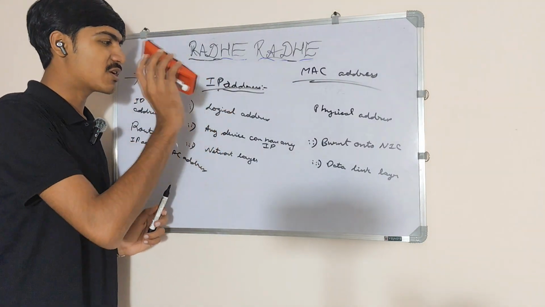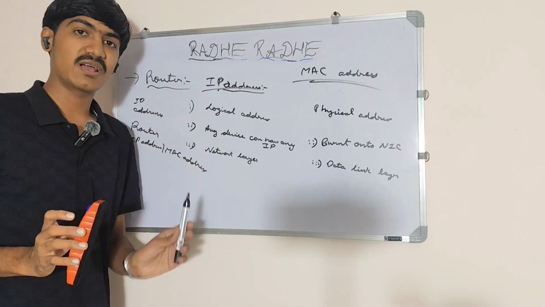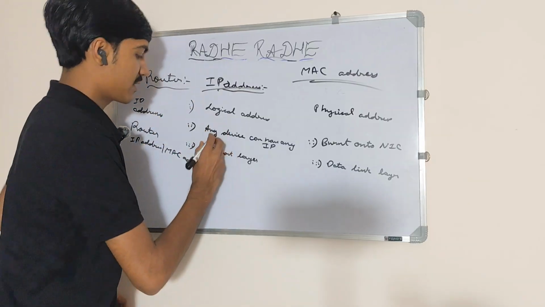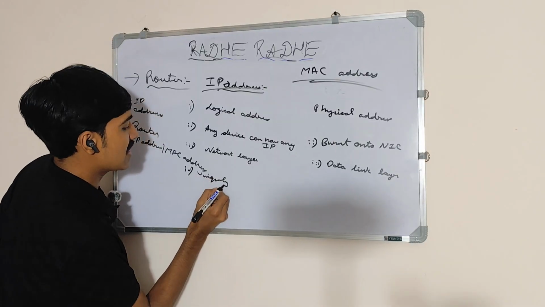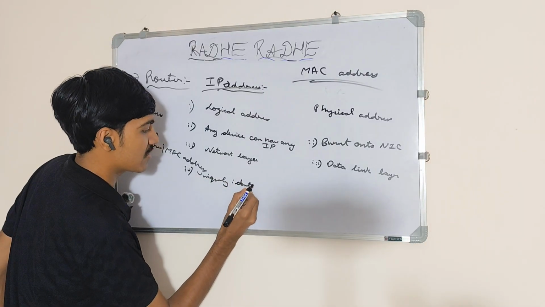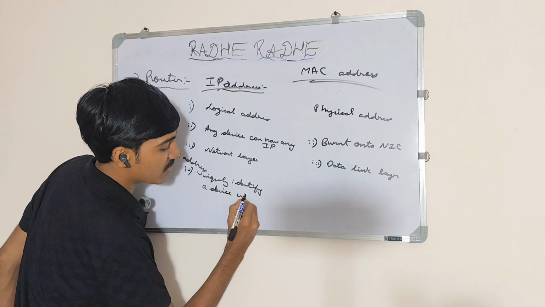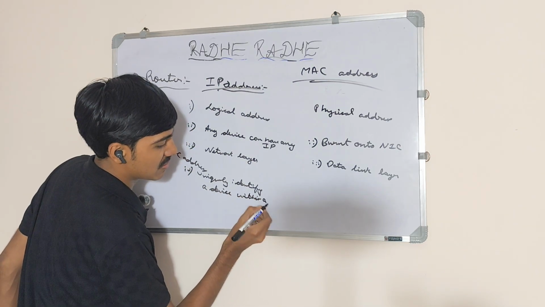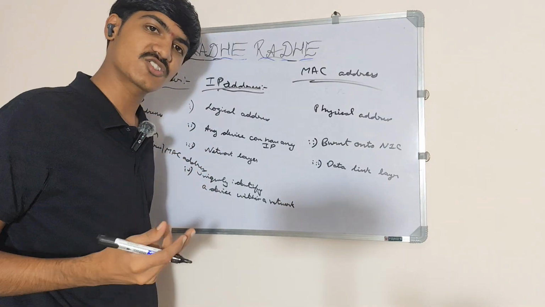An IP address is a logical address which is used to uniquely identify a device within a network, or the scope of a network, subnetwork or virtual LANs, anything.